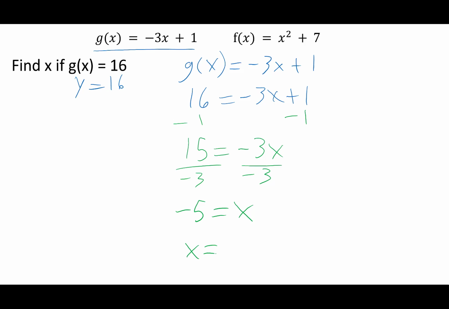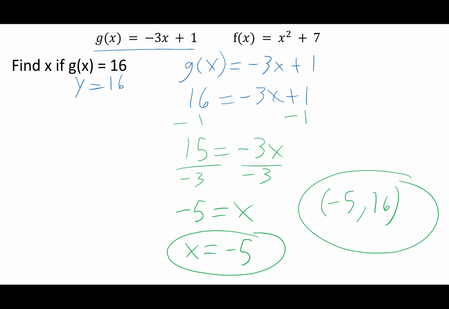So our x is equal to negative 3, or sorry, negative 5, not negative 3. Again, I could write this as a point as well. My x value is negative 5, and my y value is 16. So that would be the point on a graph that those would cross at.